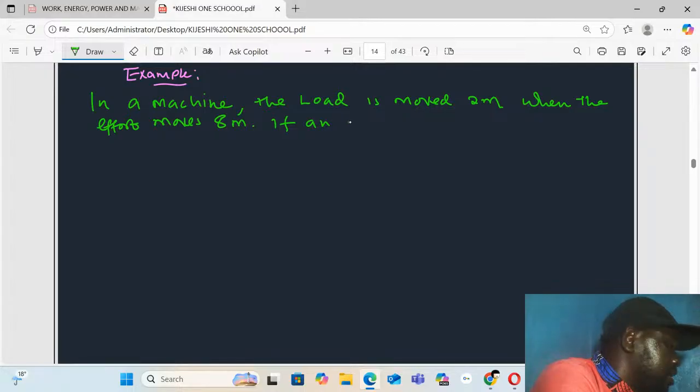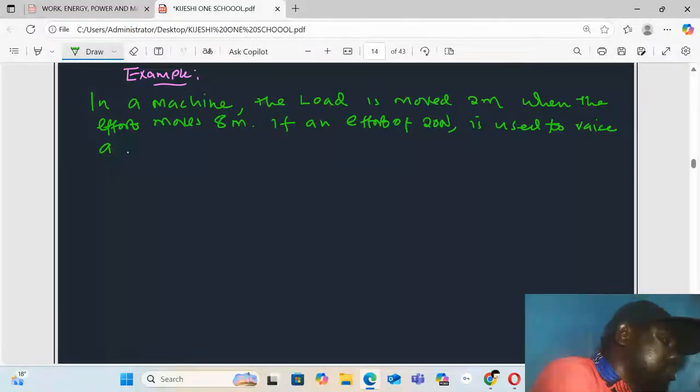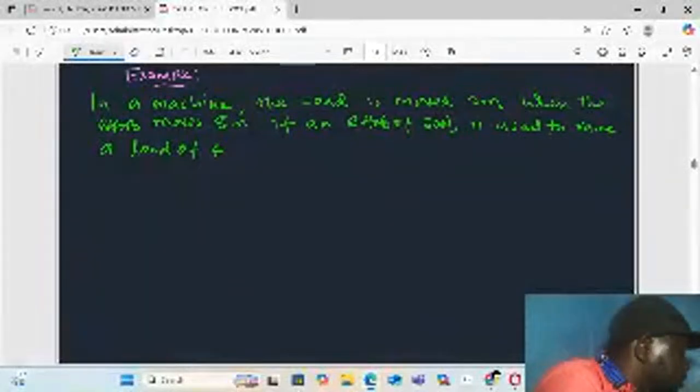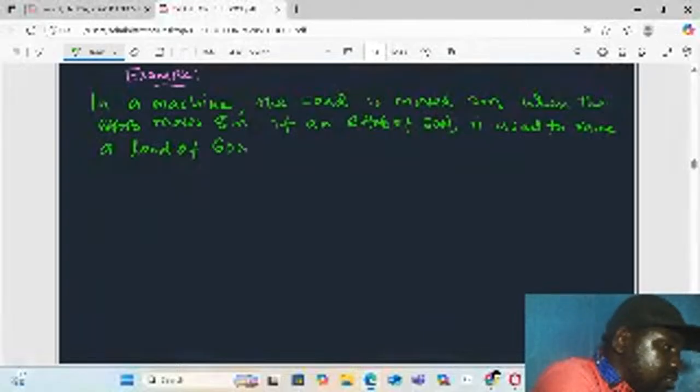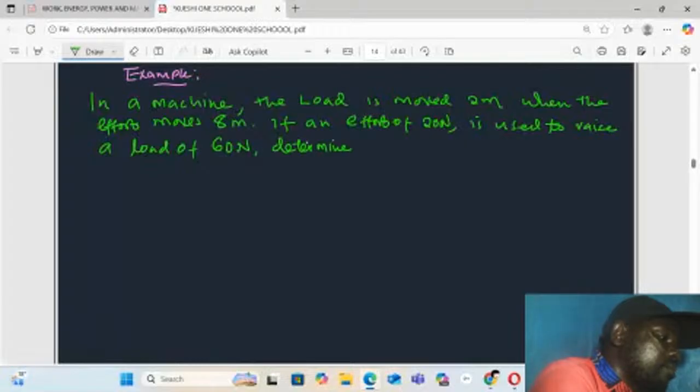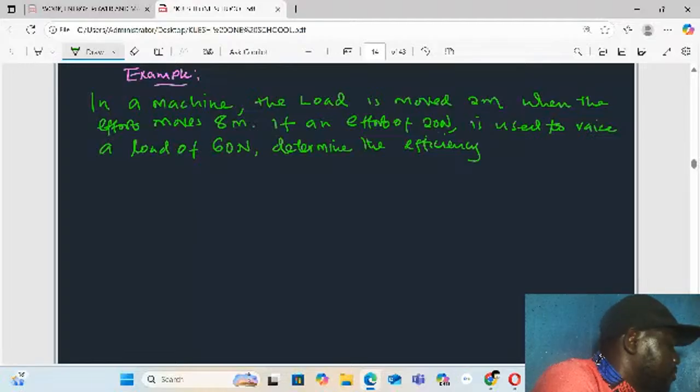If an effort of 20 newtons is used to raise a load of 60 newtons, determine the efficiency of the machine.